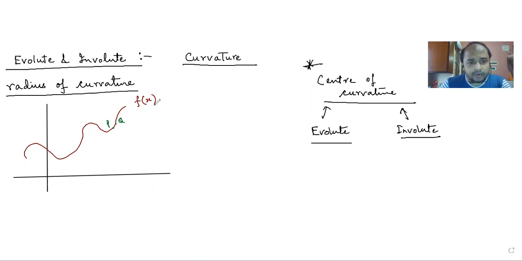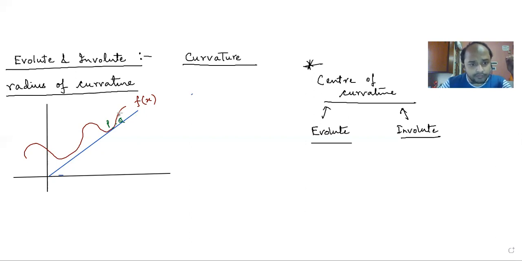And then I can draw a tangent through these two points. So this is one of the tangents, and let us draw another tangent through the point Q.